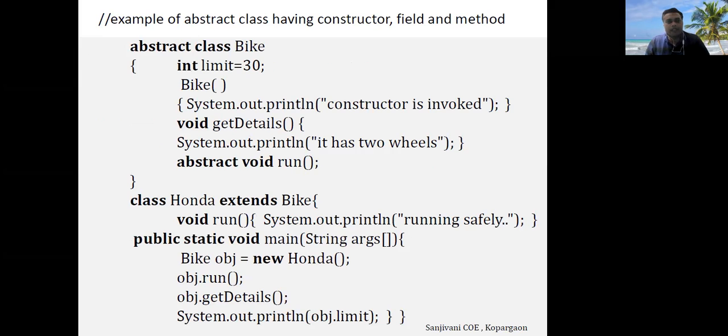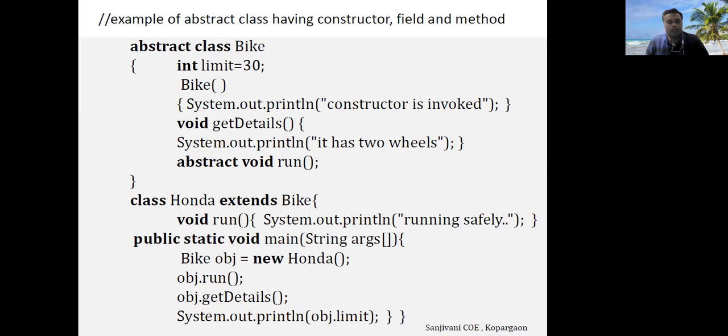Here is also an example of an abstract class having a constructor, field and methods. Here we define a class as abstract. The bike constructor, with int limit 30, is the constructor of the abstract class.